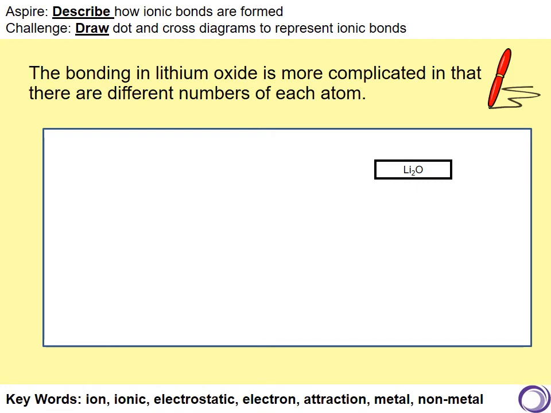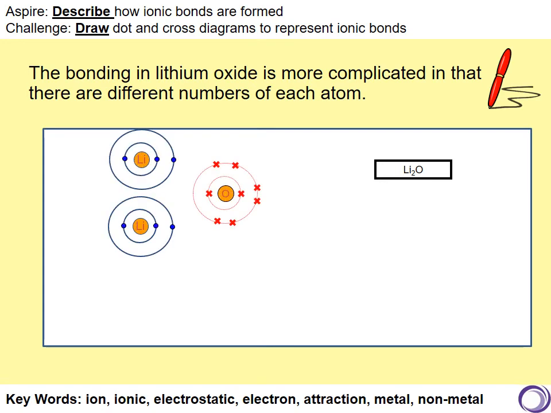Lithium oxide is a little bit more complicated because it's not a straight transfer between two atoms. So in this case, oxygen needs to gain 2 electrons, but lithium only wants to lose 1. So what happens in this case is 2 lithiums will react with the oxygen, each donating 1 electron.